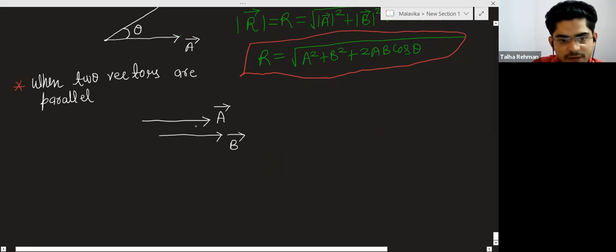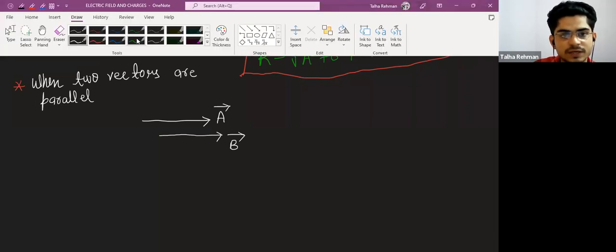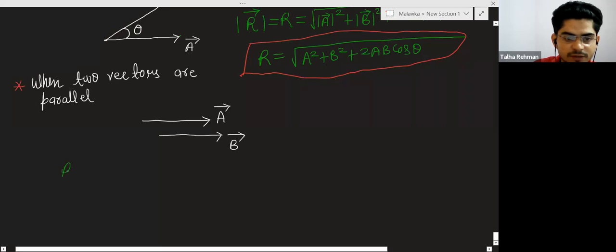This is the tail and this is the head of the arrow, and this is just a way of representing the vector, nothing else. So if I want to find the resultant of this, then I can write directly R is equal to A plus B. And this result can be derived with this formula, but you should remember this.